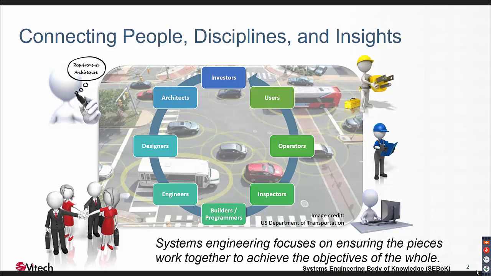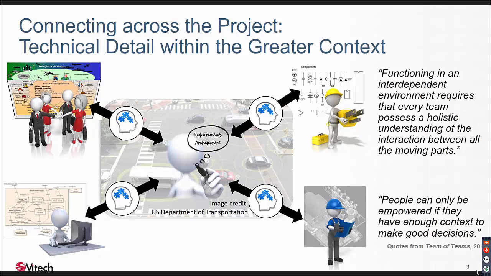Because ultimately, what we're trying to do is to provide the whole team shared understanding of context, problem, and solution. And within that context, we are trying to enable the technical detail that provides the necessary insights to shape the design envelope and ultimately define the solution.